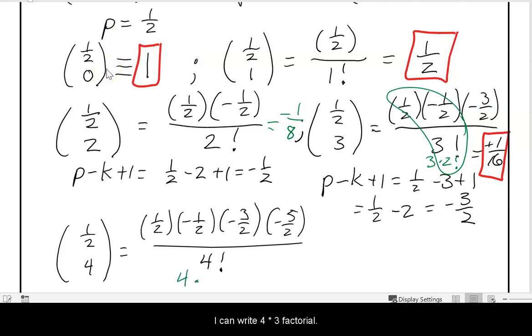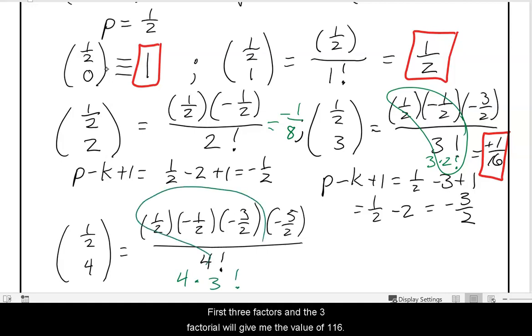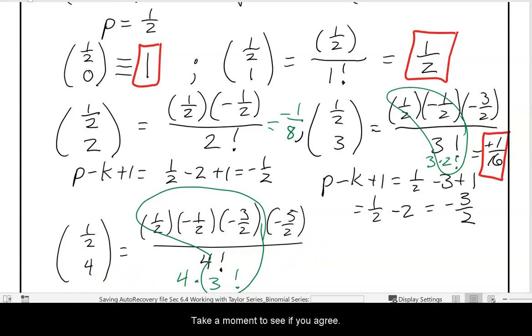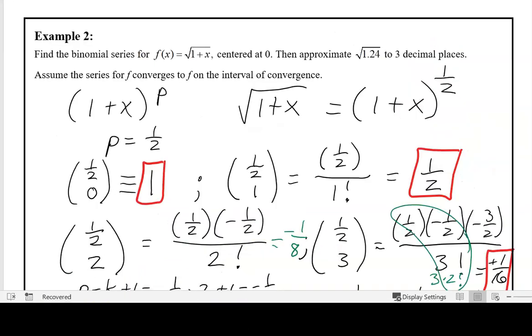I can write 4 times 3 factorial. The first 3 factors and the 3 factorial will give me the value of 1/16. Then I simply need to multiply by -5/2 and divide by 4. When I get that, I should end up with, I believe, -5/128. Take a moment to see if you agree.